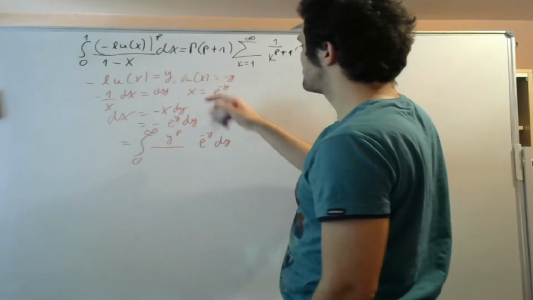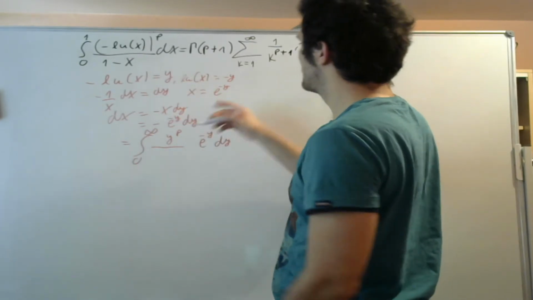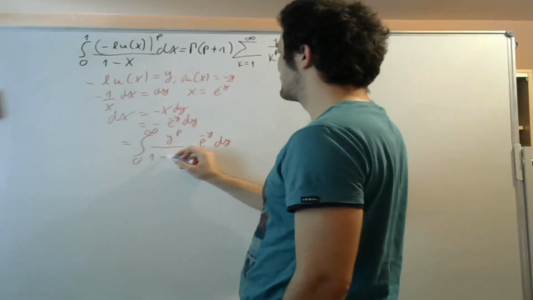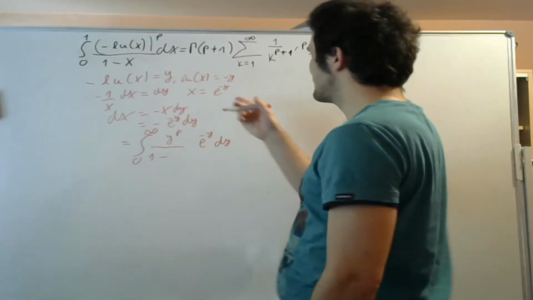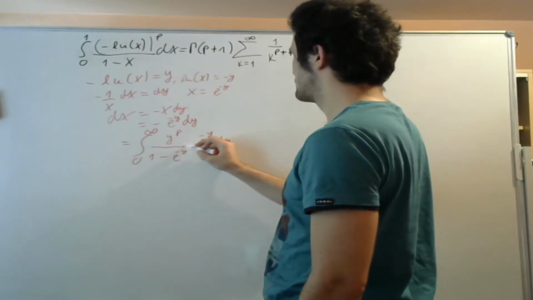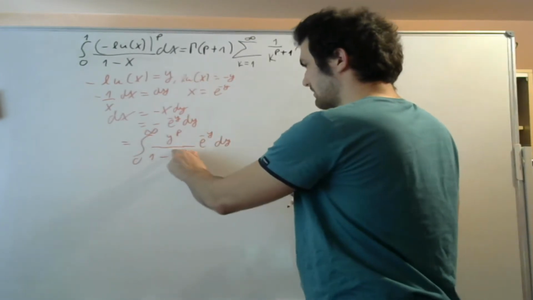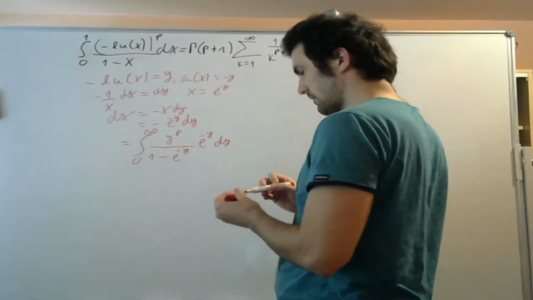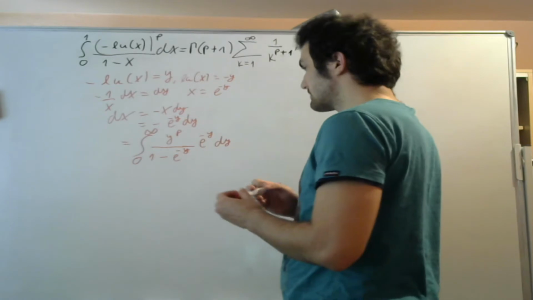Negative u, yes, negative u, because we got it from here. And divided by 1 minus x, and what's x? x is e to the negative u. Okay, this is what we have. Let me write this a bit better. Negative u.